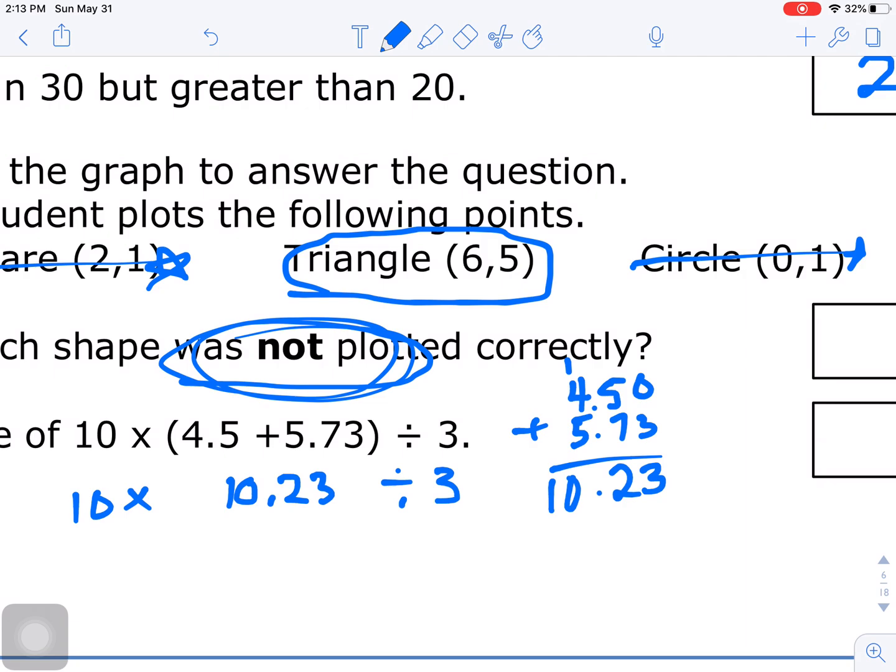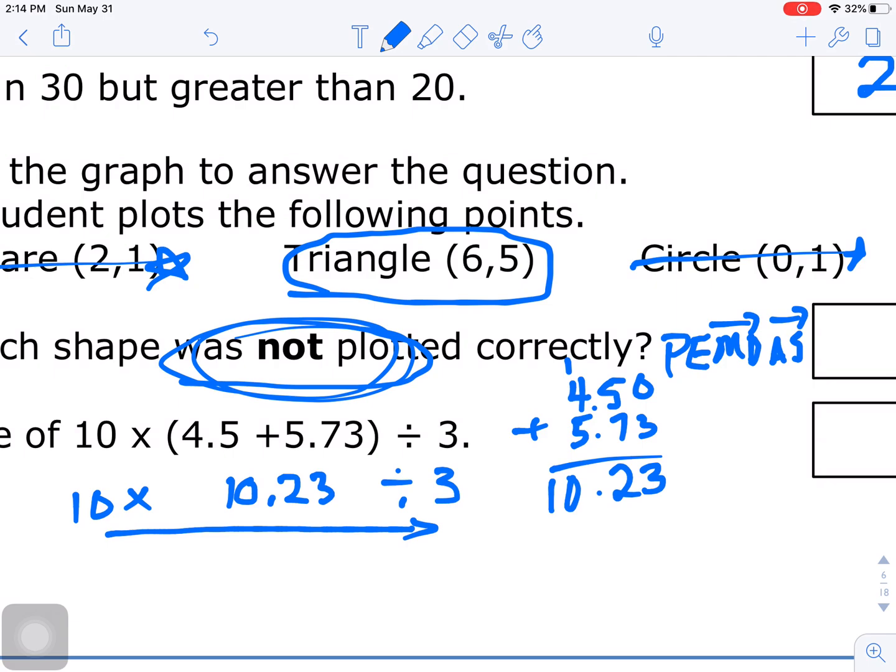After I simplify what's in parentheses, we have to remember our order of operations, or PEMDAS. Parentheses, exponents, multiplication and division from left to right, and addition and subtraction from left to right. So right now, I just have multiplication and division left in this problem. I'm just going to start at the left, and work my way across.